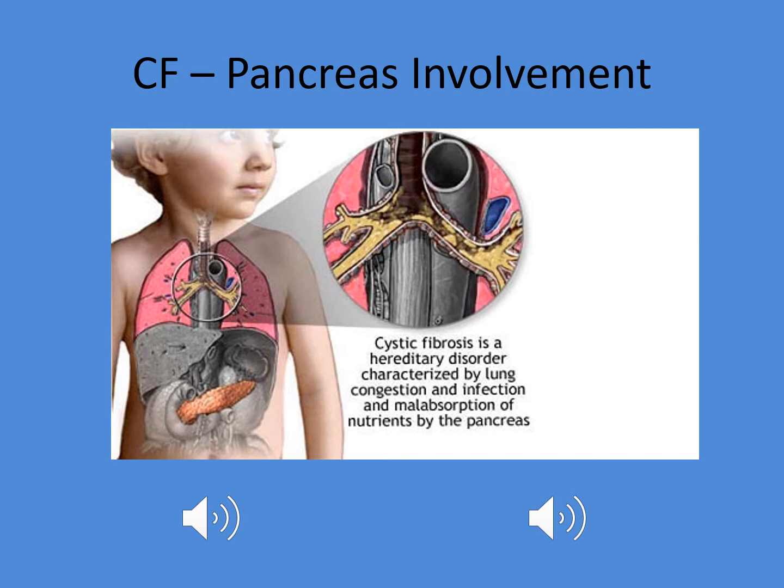Because of that inability to digest fat and protein, it certainly affects their nutritional status. And I'm going to come back to that in just a little bit. But we also see, because of the pancreatic involvement, there's an increase in their intestinal flora and their fat results. So again, goes back to those 4 Fs.